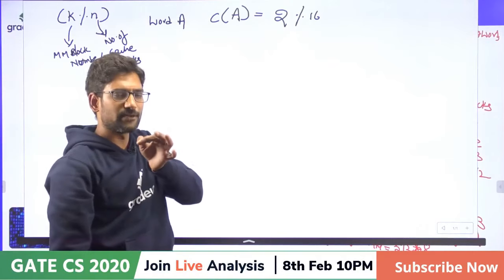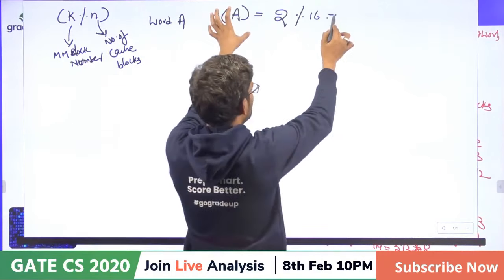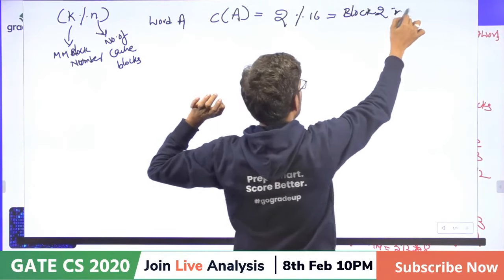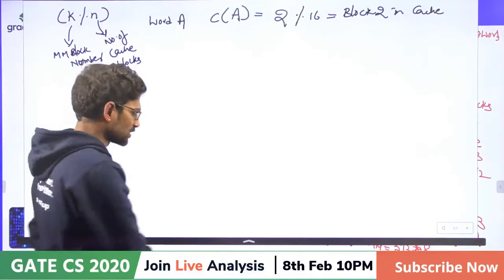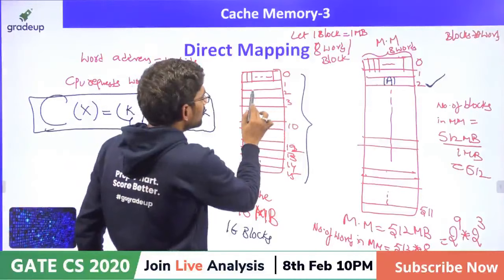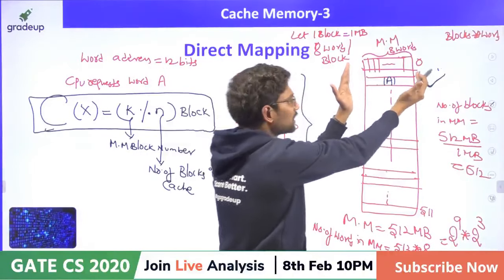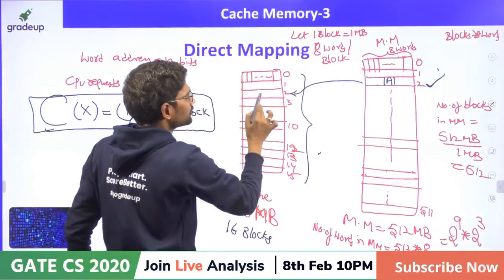We know modulus gives you the remainder. So the location of A is block 2 in cache memory.